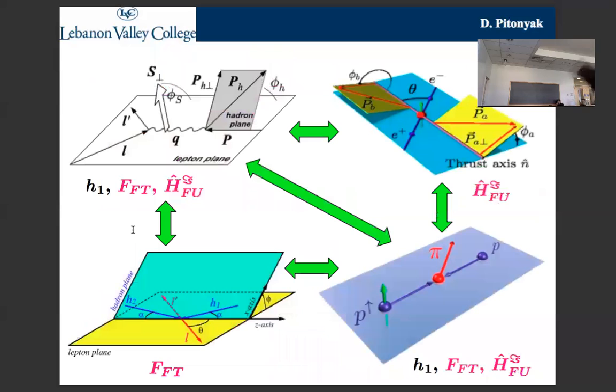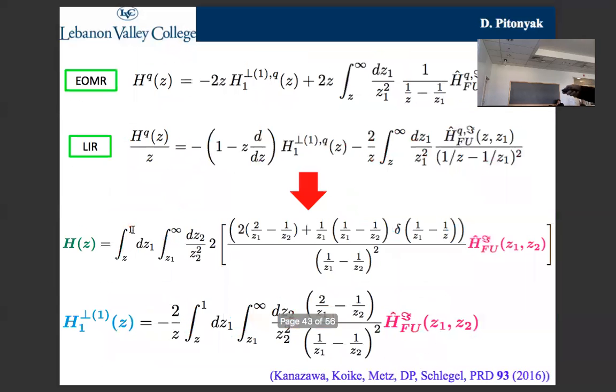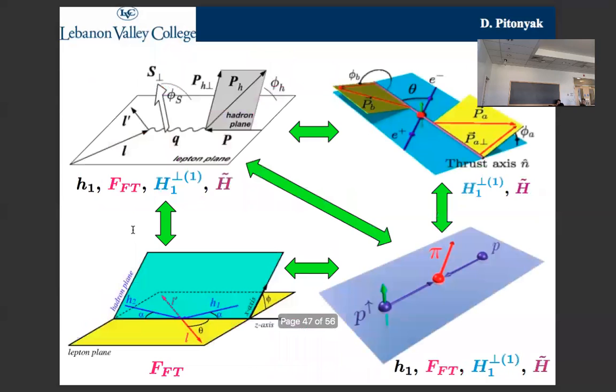Now, of course, from a practical phenomenological standpoint, because of how we see that there's complicated integrals showing up with these functions, it's more practical to actually try to fit the functions like transversity and the Chu-Sterman function, the first moment of the Collins function, H tilde, to do a global analysis of these observables where we're fitting all of those functions.